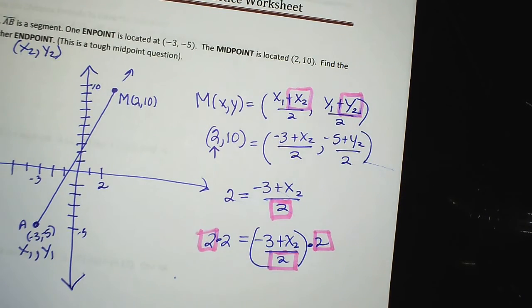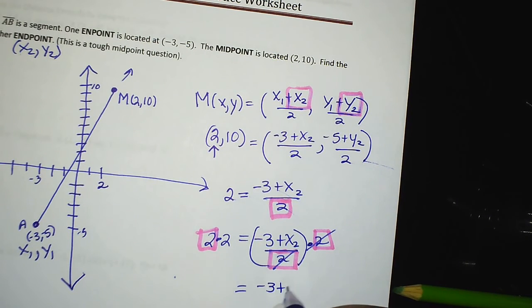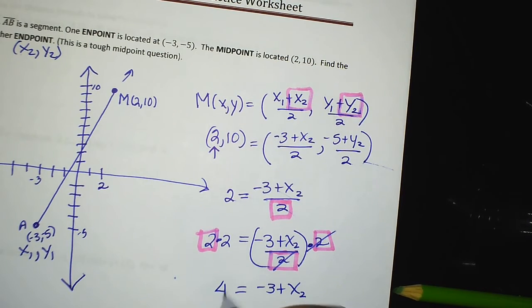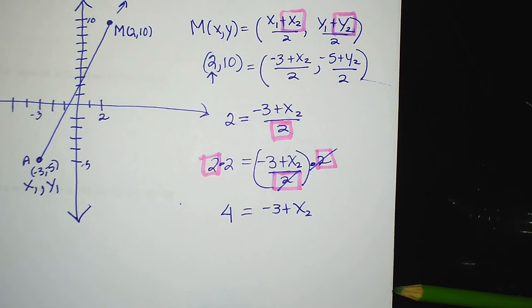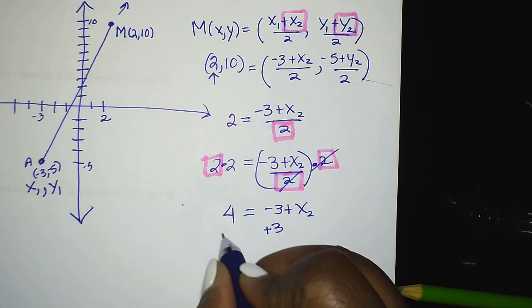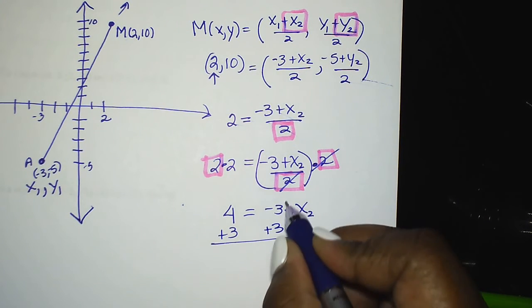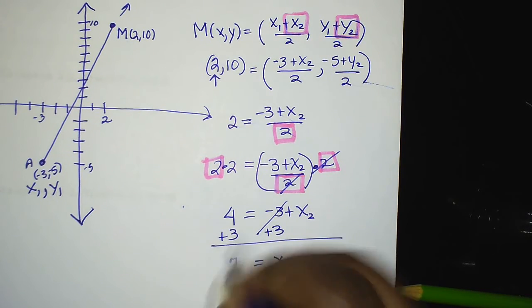Okay, there it is. When I multiply this quantity by 2, those cancel. So I'm left with negative 3 plus x2 is equal to 4. And so what happens is I simply move the 3 over here, and I see that my x2 is located at 7.